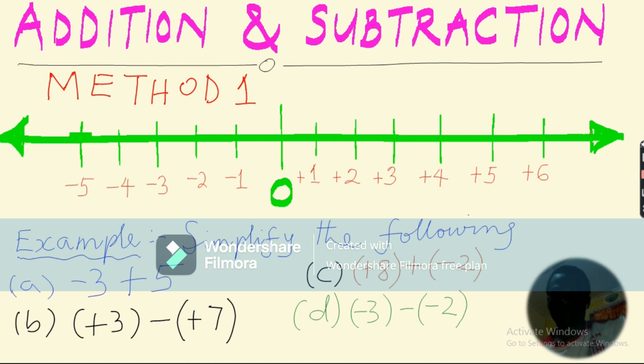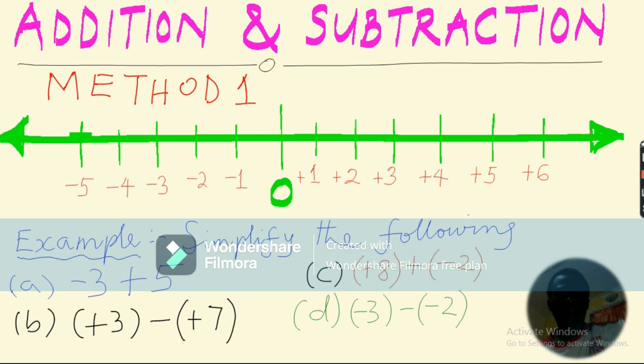C, positive 8 plus negative 2. D, negative 3 minus negative 2. Now, I'll be using these four questions for all the methods that we shall be talking about. But let's start with the number line method and do that first one.